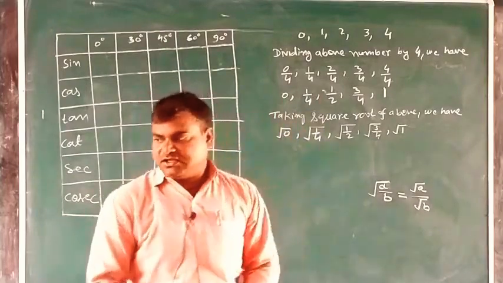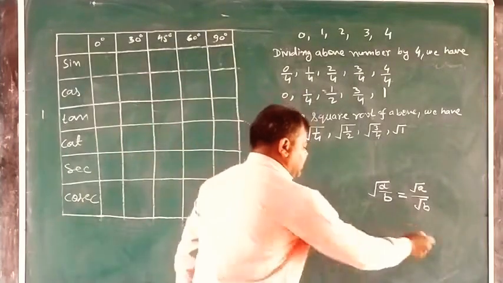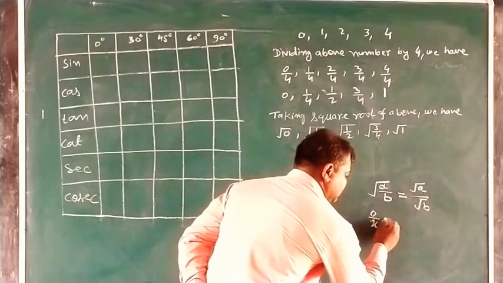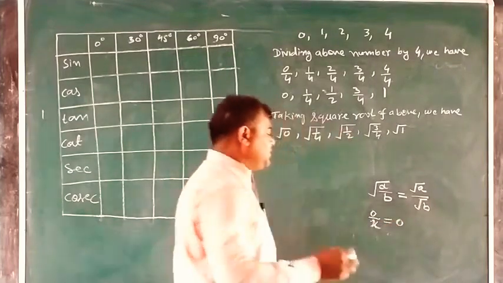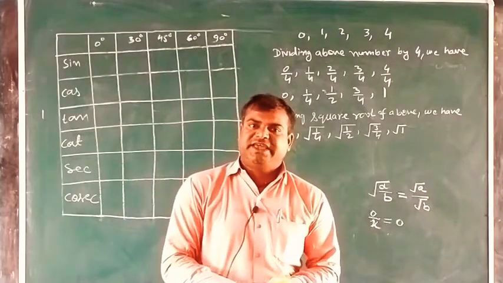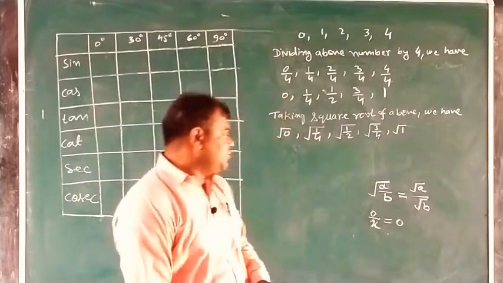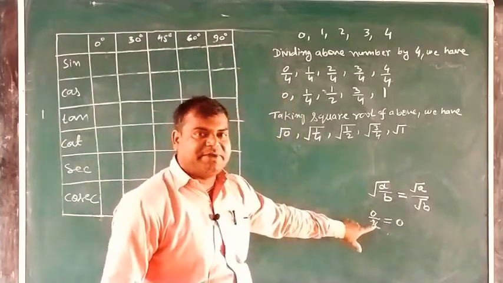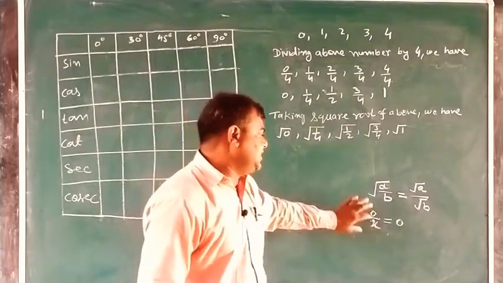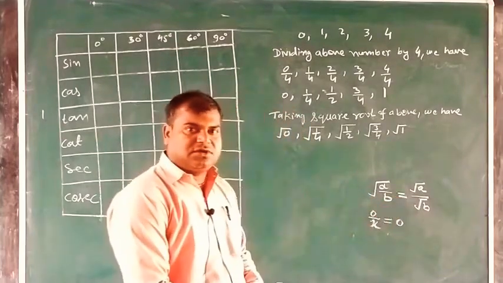And one more thing, the value of 0 by x is 0, if the numerator is 0 and the denominator is any number except 0. Then its result is always 0.